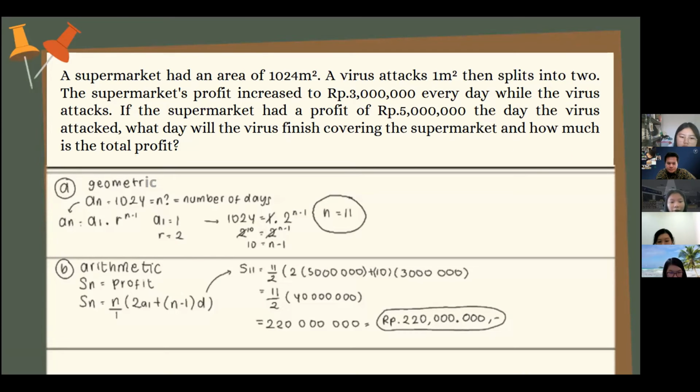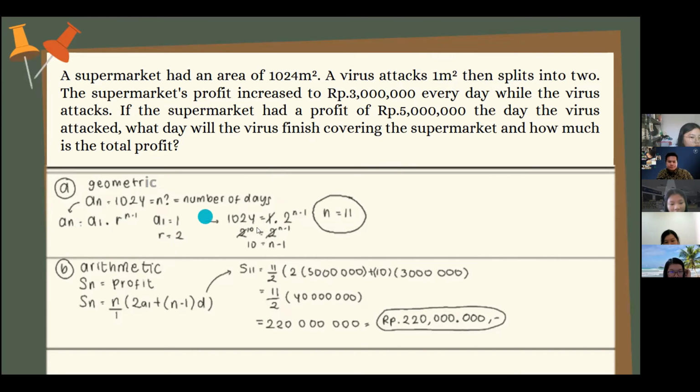First, we need to find what day the virus will finish covering the supermarket. We could use the geometric formula: an equals a1 times r to the power of n minus 1. A1 is 1 because the virus area is 1 square meter, and the common ratio is 2 because the virus splits into 2.